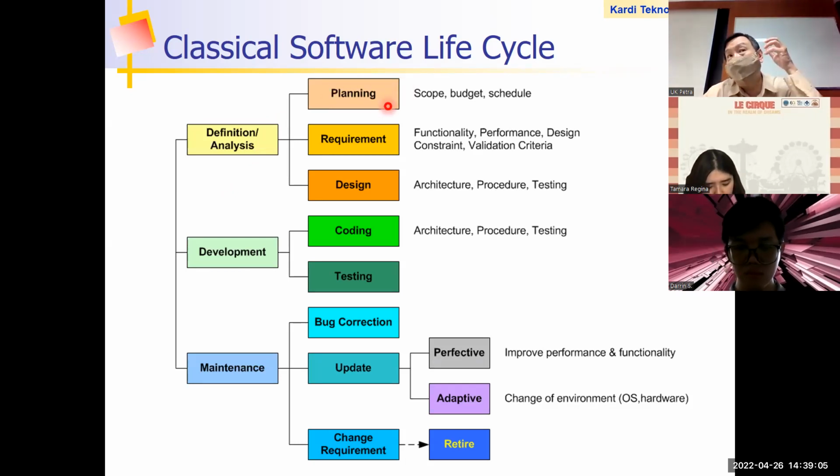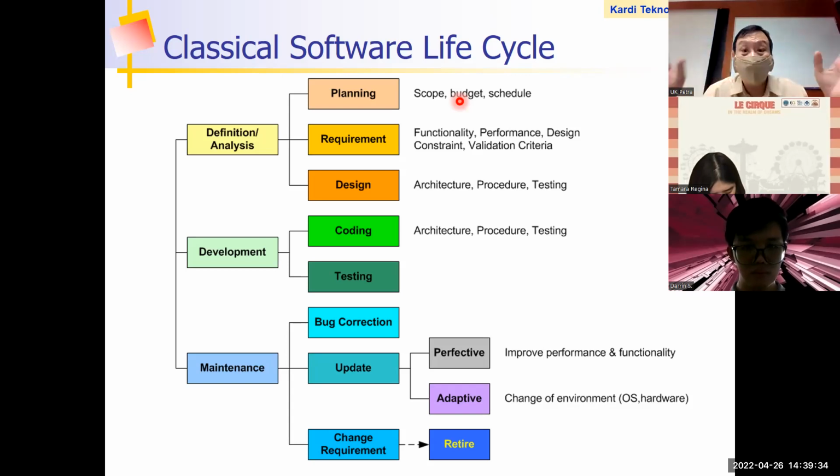For definition, you have planning. In that planning, you do scoping. What is the scope that you want to create? Say you are the owner of a business, so you want to create software, or you have a software development company that wants to create software. Or you are dealing with another owner and you help them to develop software.